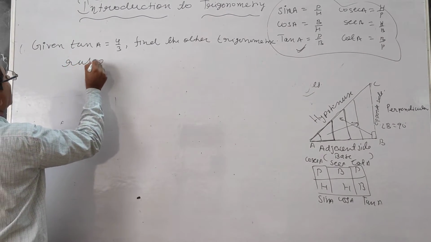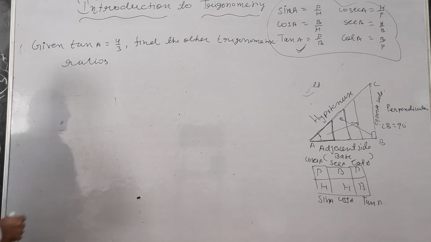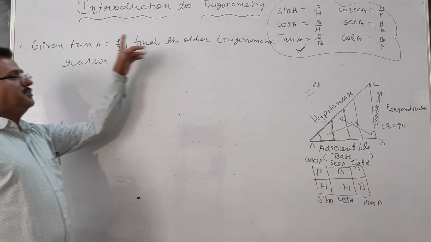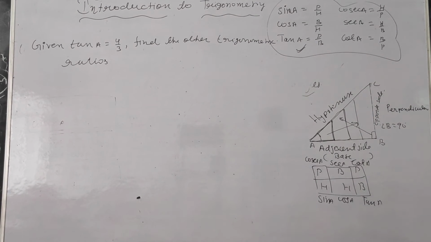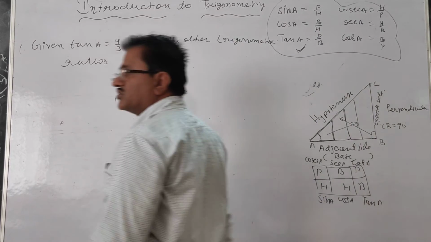Means we are given one trigonometric ratio, tan A, and we know that there are a total of 6 trigonometric ratios. So with the help of one trigonometric ratio, how do we find the other trigonometric ratios, that we have to see.